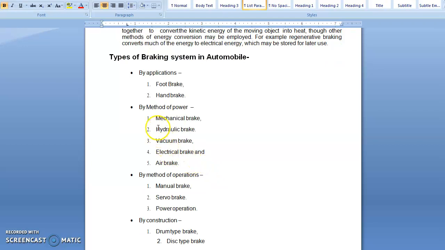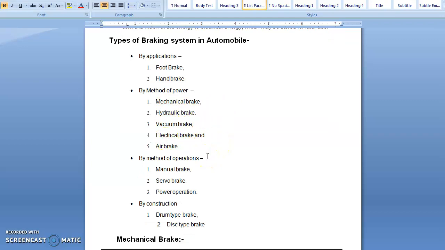The next classification is based upon the method of power employed. As per the method of power employed, these are of 5 types. Number 1, mechanical brake. Number 2, hydraulic brake. Number 3, vacuum brake. Number 4, electrical brake. And the last one is the air brake. Then we go to the method of operation.